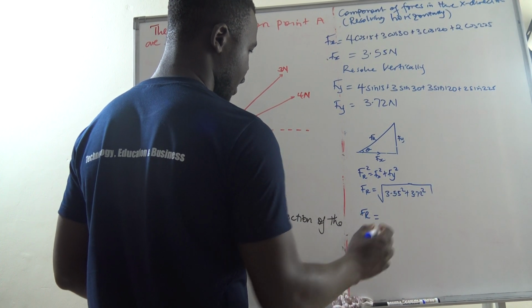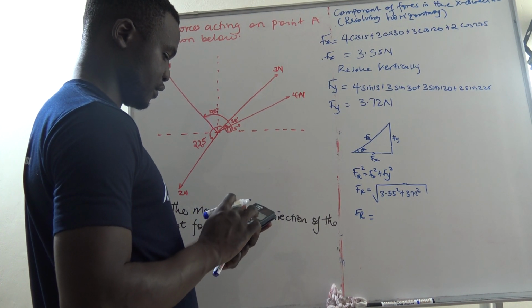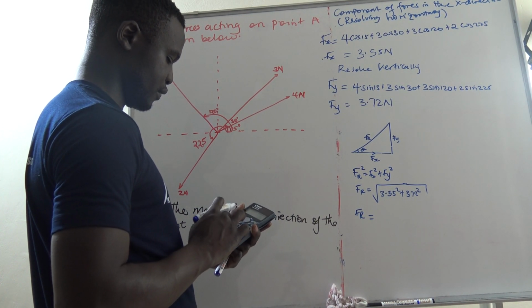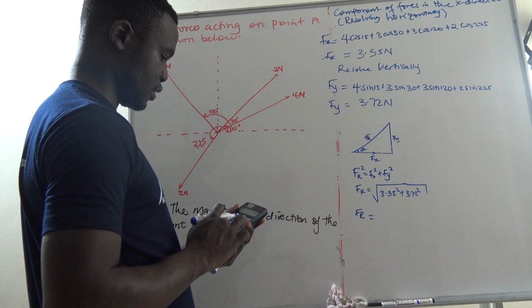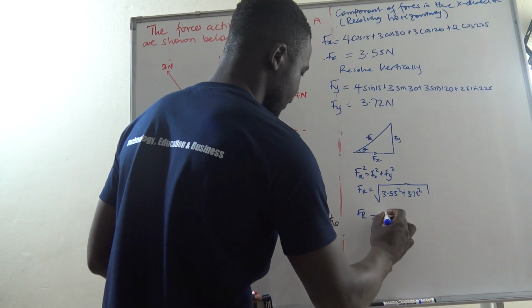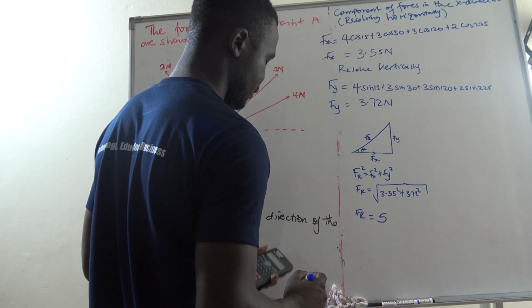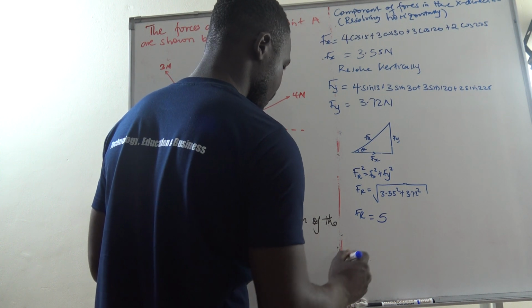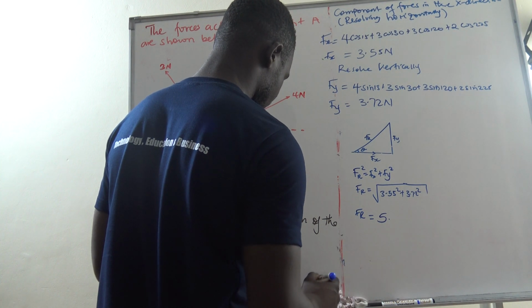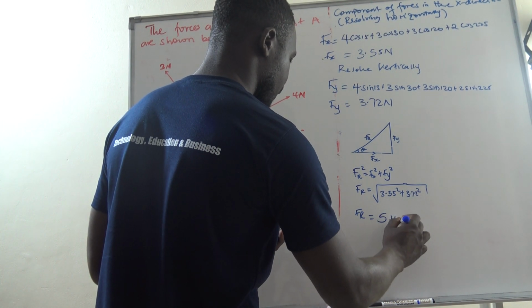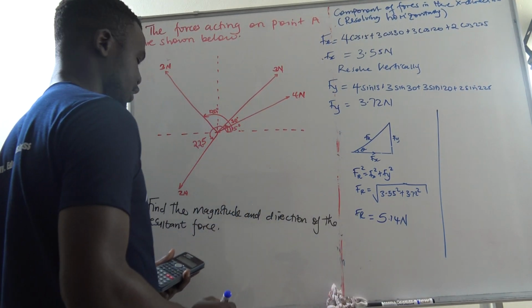Therefore, our Fr is going to be equal to the square root of 26, so our resultant force is 5.14 newtons.